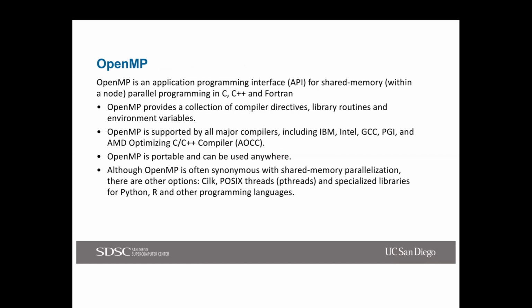Conversely, if MPI is the most popular implementation of a distributed memory programming model, OpenMP is the equivalent on the shared memory side. OpenMP is an application programming interface for doing shared memory programming, so doing multi-threaded applications in C, C++, and Fortran, right?